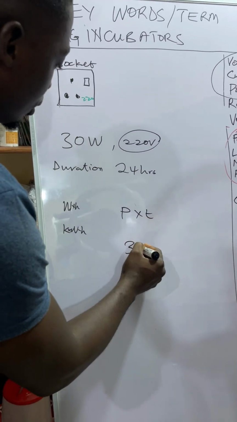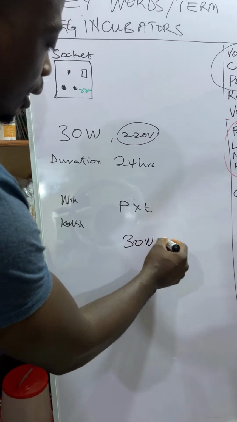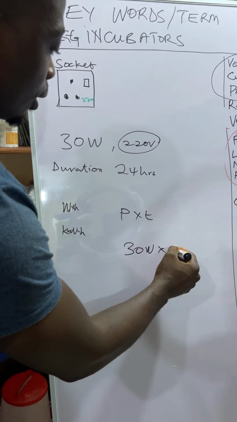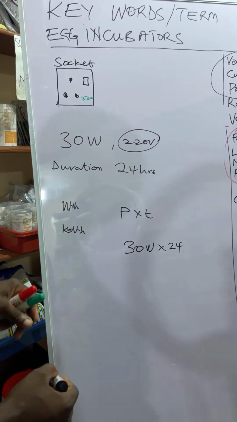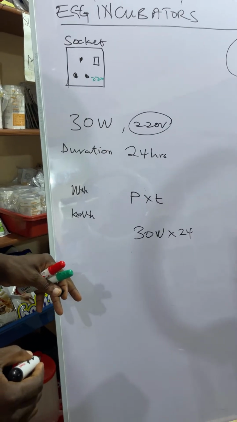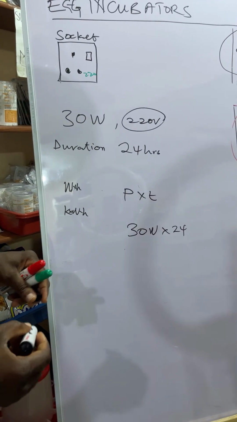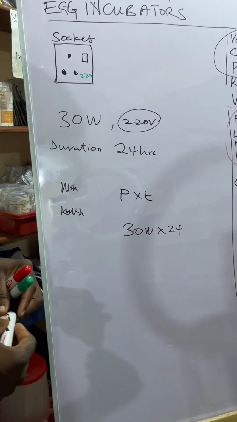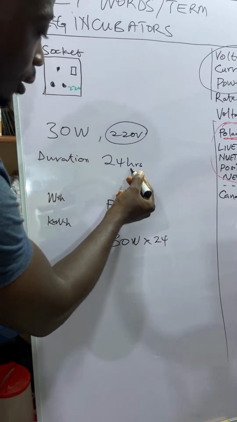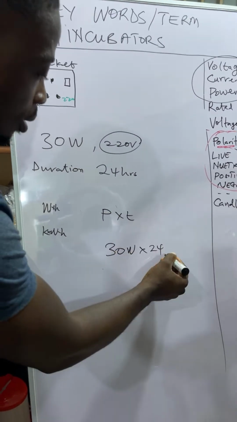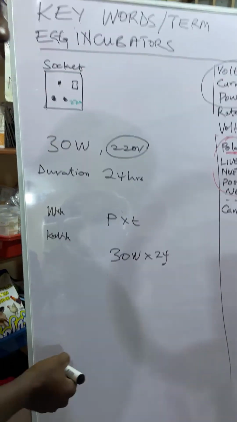So this one will simply be 30 watts times the duration, which is 60 times 24. 60 seconds times 24? No, we need it in hours. Since this is already in 24 hours, it is here 24 hours.